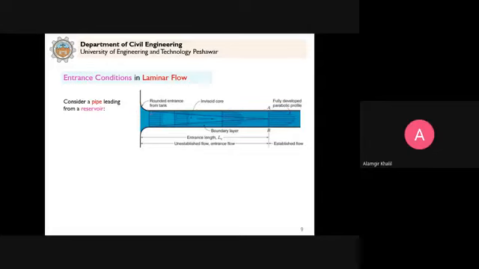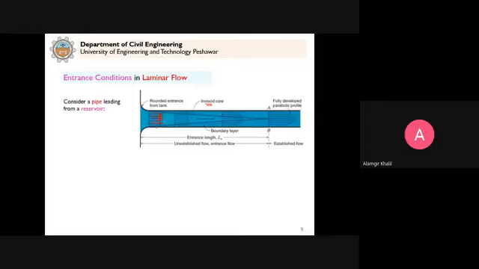So that's why you can see that here the velocity arrows are of uniform magnitude. Clear? It means that the fluid here behaves as if it is an inviscid, non-viscous fluid. That's why the fluid particles move with the same velocity.